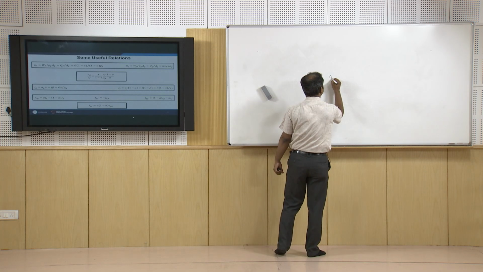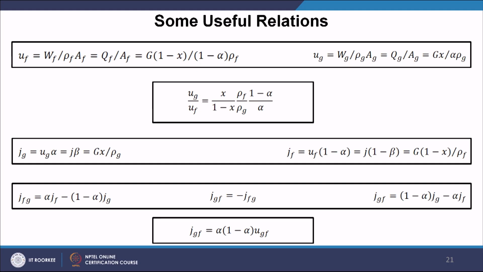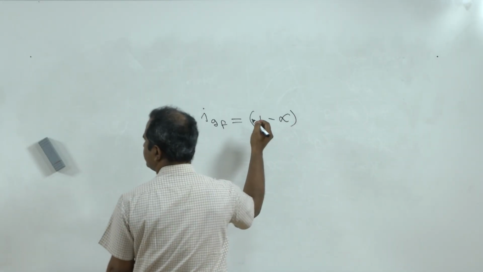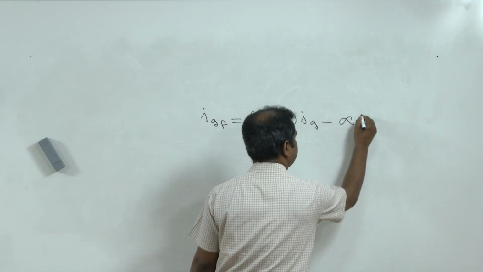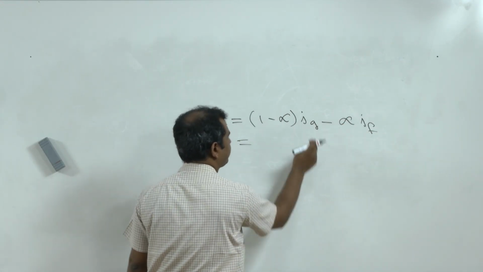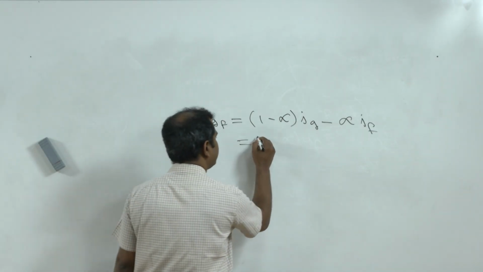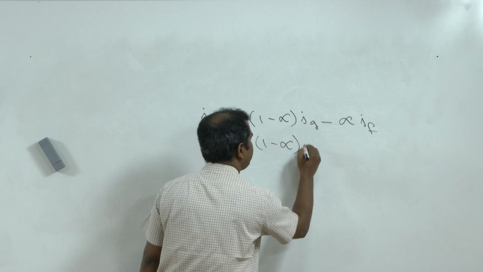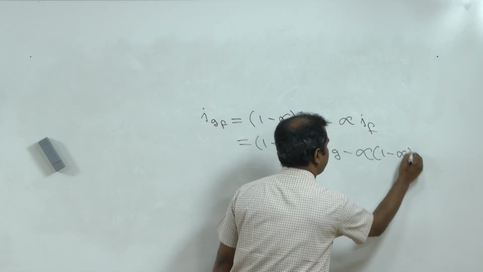So, I will start with Jgf. Jgf, we can write from here, is actually 1 minus alpha into Jg minus alpha into Jf. So, if you try to replace this Jg and Jf in terms of your Ug and Uf, you will get 1 minus alpha into alpha into Ug and alpha into 1 minus alpha into Uf.